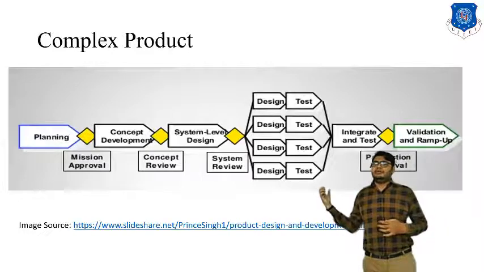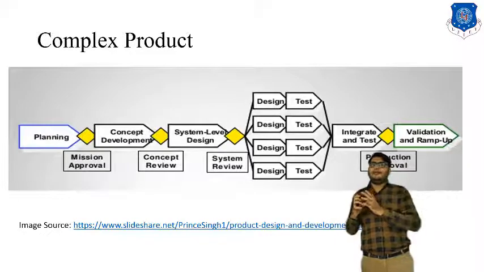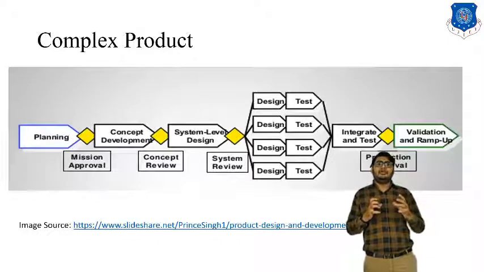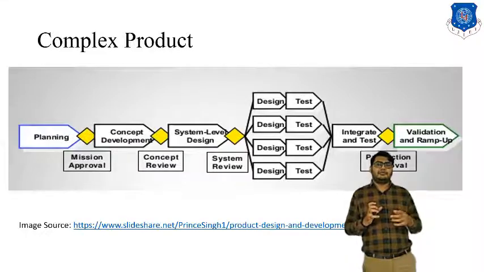Here, the simple diagram shown is a very simplified form of the complex product development process. We can say it is an overview of the complex product development process, but the actual process will be very complex.